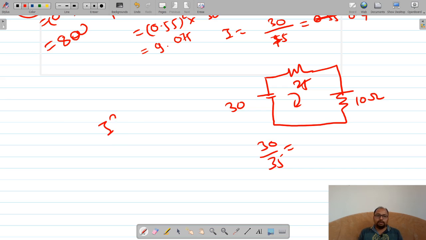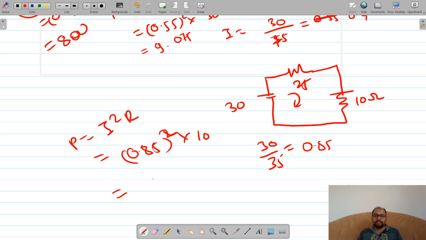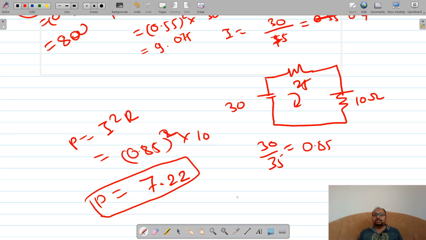P is equal to I square R. I is 0.85, so 0.85 square into 10 is coming as 7.22. Is this value less than your power? Yes. So if I satisfy this condition, then and only then the maximum power will be delivered. Remember this one. Okay, fine.